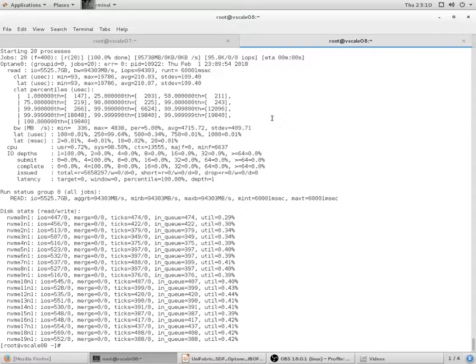Now, of course, we have a bit of latency, but bear in mind we're also running heavy throughput now at almost 100 gigs a second.